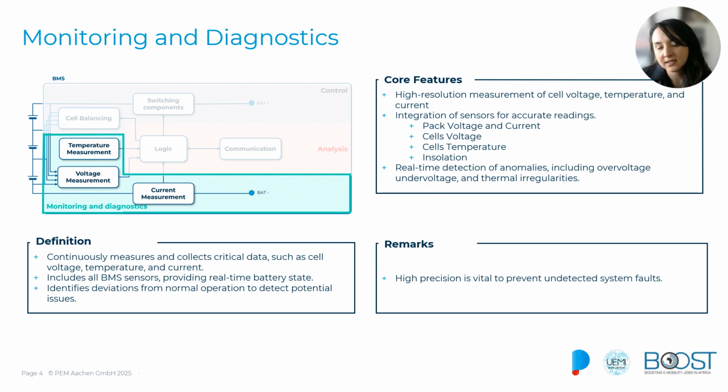All of the data that is being measured here is collected, and this will allow the BMS to perform diagnostics and to prevent any undetected system faults in such a way that the system can react. With faults going unnoticed, we would be leading to catastrophic failures or significant reductions in the battery performance and lifetime.